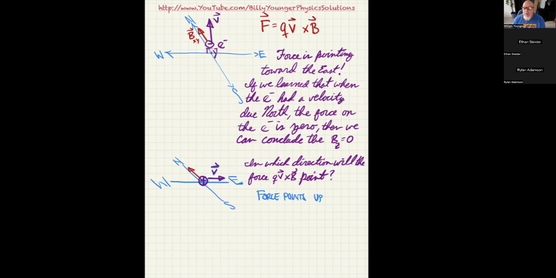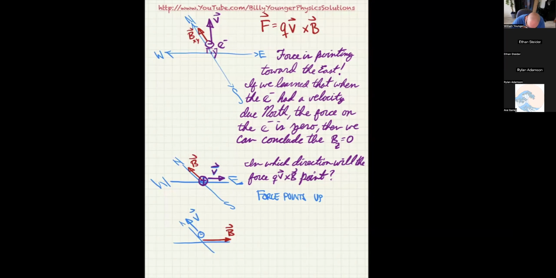Okay. All right, another person. So let's try another one real quick. Let's imagine this time that we have a magnetic field. This is B, by the way. We have a magnetic field that's going to point horizontally to the east. And now I'm going to have a negative particle, and its velocity is to the north.